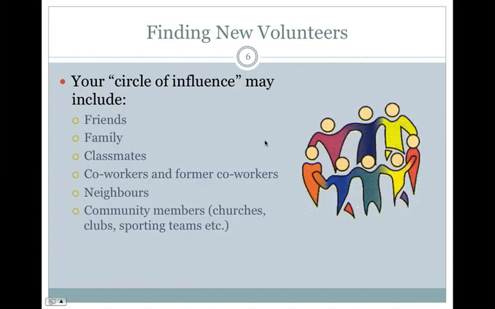So this brings us to how do you go about finding new volunteers? One of the first things you can do is tap into your circle of influence, and this is your immediate circle of influence.